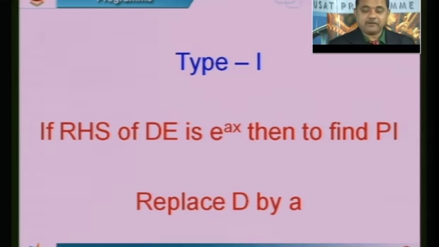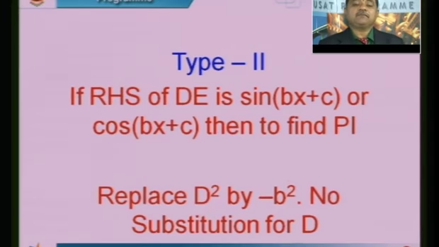This is type 1. What about type 2? It is sin bx plus c or cos bx plus c. To find the particular integral, we replace d squared by minus b squared. But if there is no substitution for d, then what do we do? Multiply and divide by its conjugate. In the denominator we get again d square, and we replace and do it.